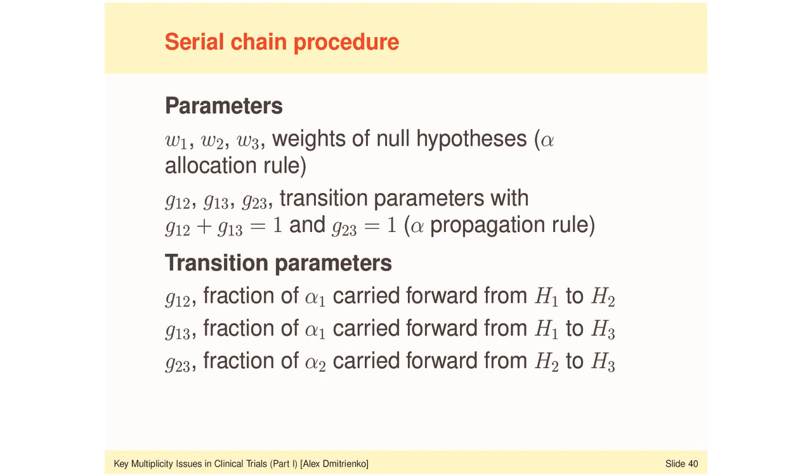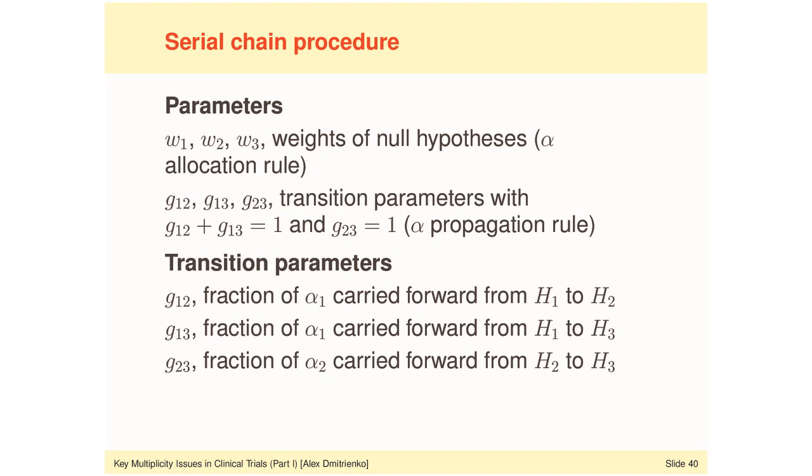Each transition parameter defines the proportion of alpha carried forward from one rejected hypothesis to another hypothesis. In this particular trial, as you see at the bottom of the slide, G12 is the fraction of alpha 1 carried forward from H1 to H2, provided H1 is rejected.